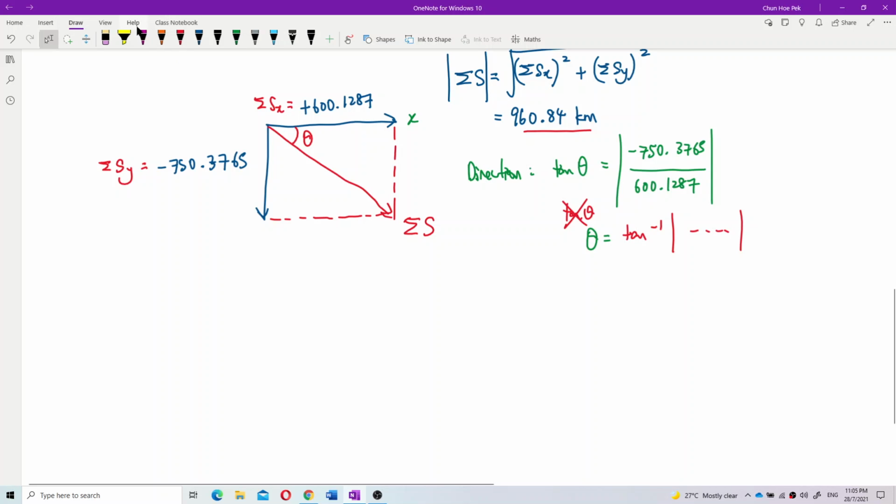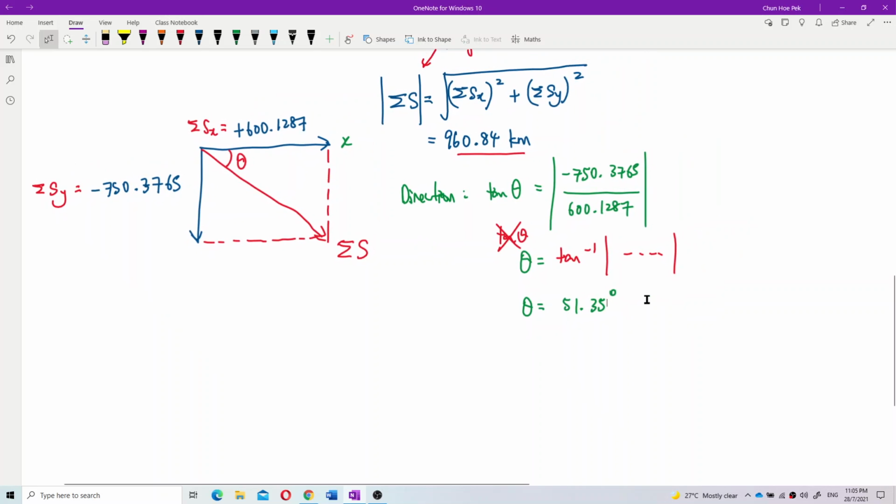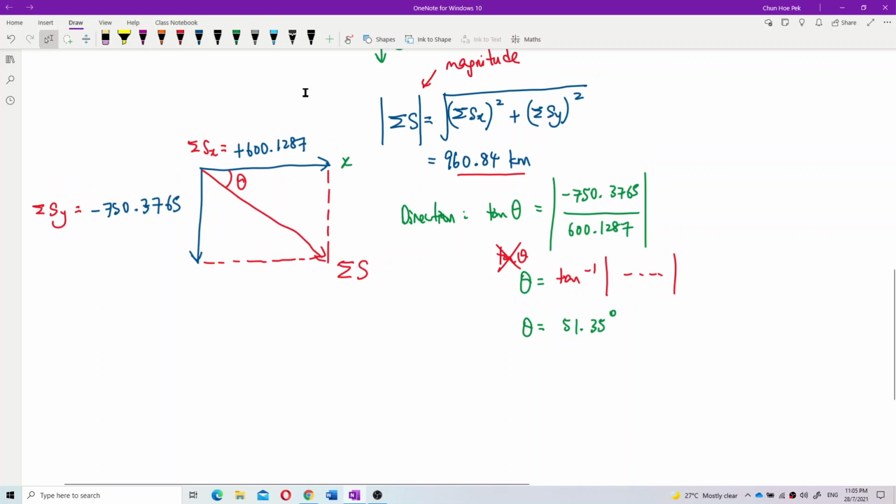So what's the answer I get? My theta, after anti-tangent, I get 51.35 degree. Is it enough to just mention the angle? No, you must say whether it is above or below the positive x-axis. In this case, it is referred to the positive x-axis.